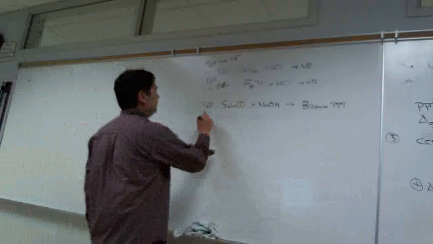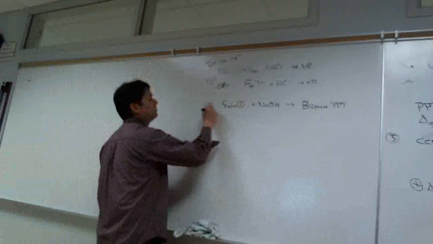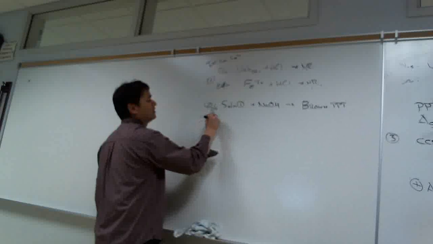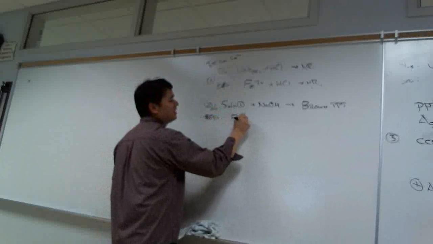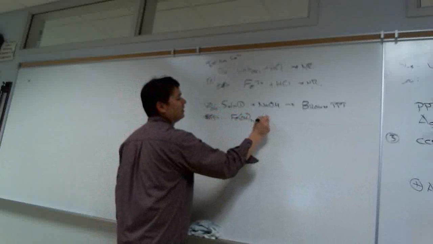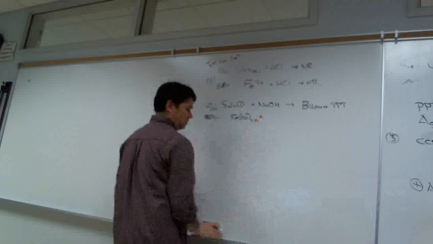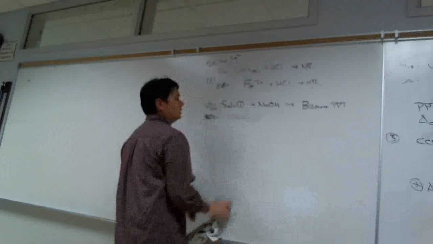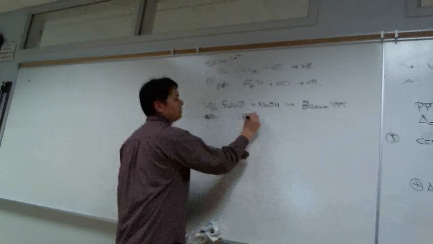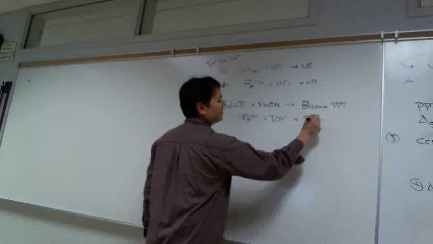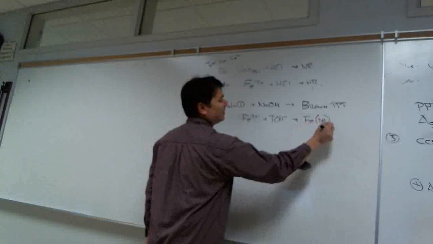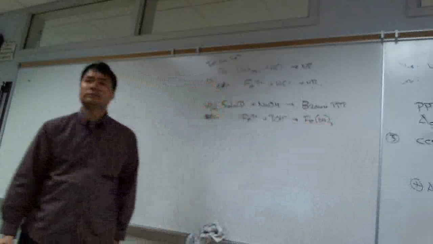And then that's the observation. The equation for this is going to be what? We have the brown precipitate of iron 3 hydroxide, solid, and then, oops, no, that's the product. We have iron 3 ions reacting with hydroxide ions to form iron 3 hydroxide, solid.